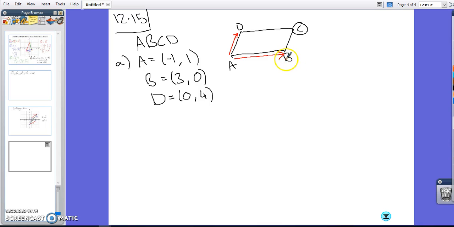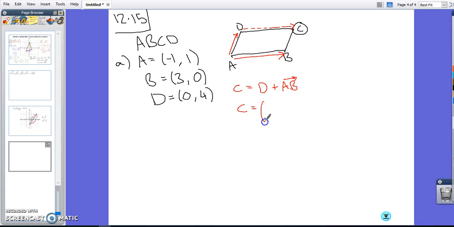However, because we know these two sides are parallel, I'm going to suggest that the best way to find C would be to take the coordinates of point D and add them to the vector A to B. Because if we start at D, and then we go along here, which is the same magnitude and direction as this vector here, then we'll come to point C.